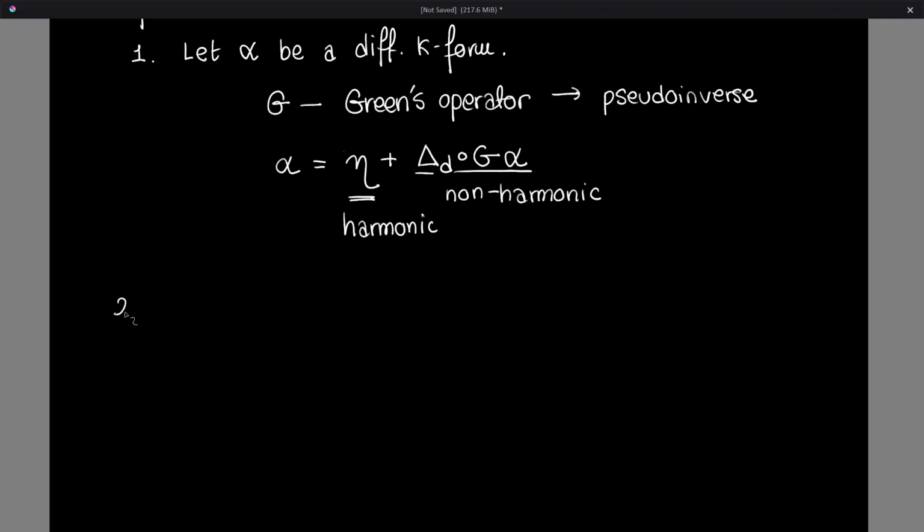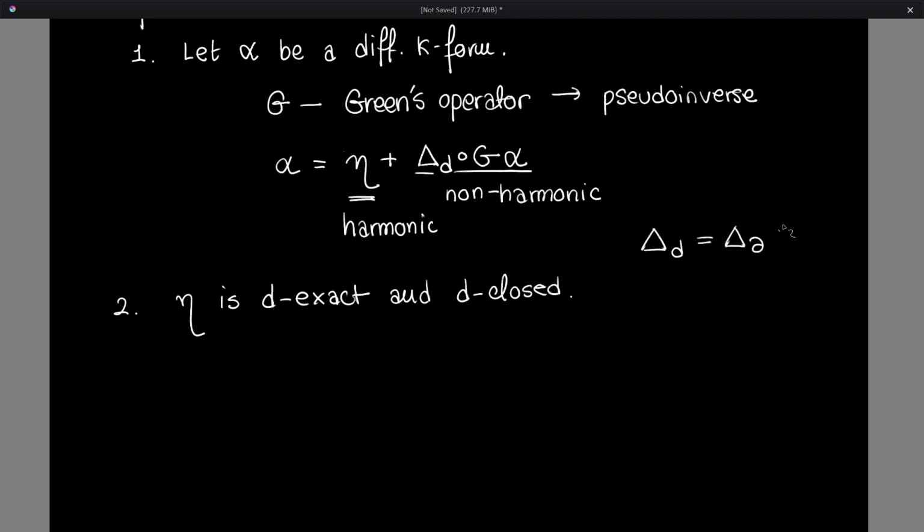So that's the first step, to decompose our K-form alpha into two parts, the harmonic and the non-harmonic part. And so number 2, since eta is d exact, we already stipulated that, but it's also d closed. Why is it d closed? Because delta d is equal to delta partial, right?